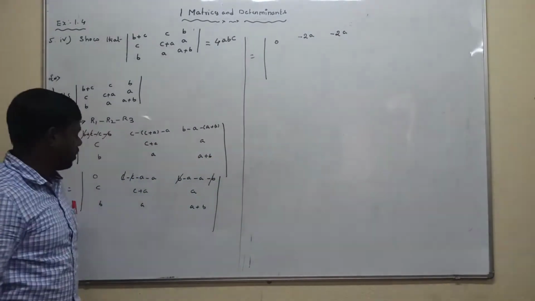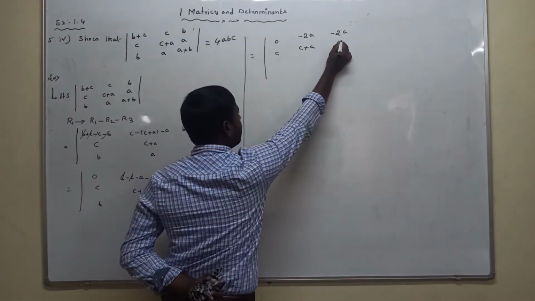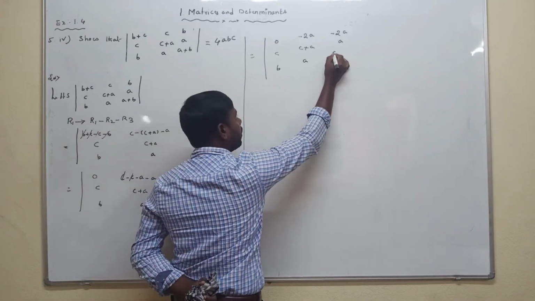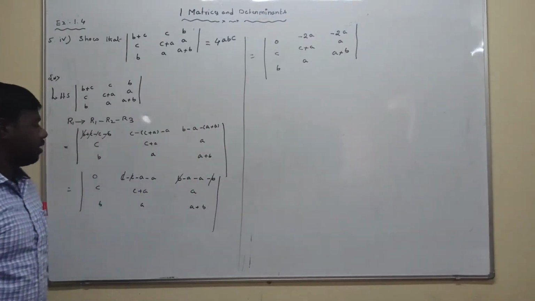Next elements are c plus a, b, a plus b, a plus b.